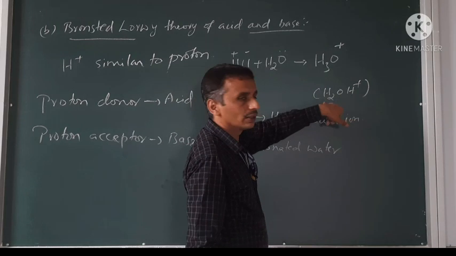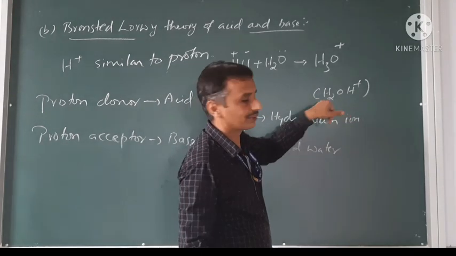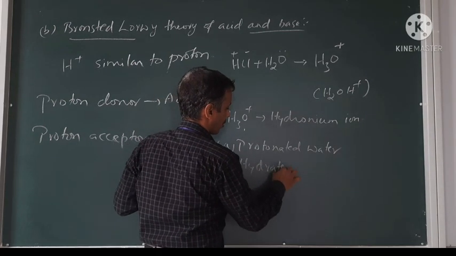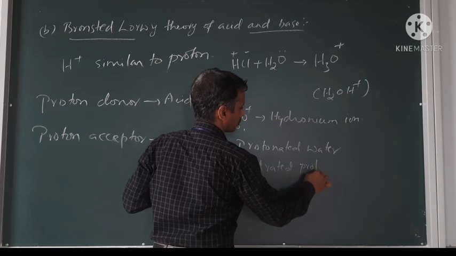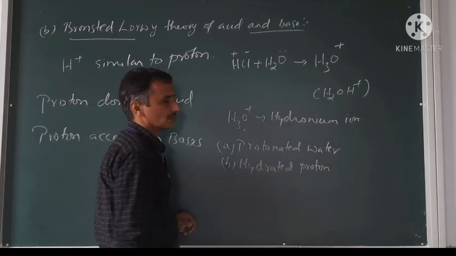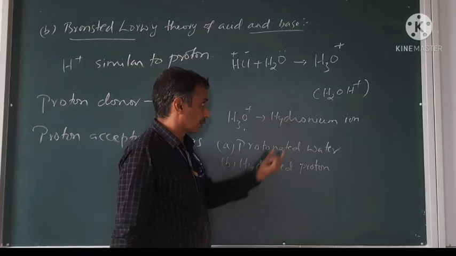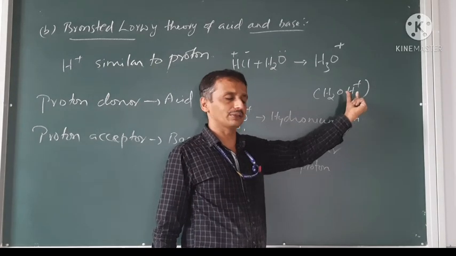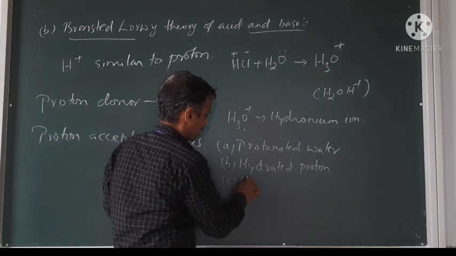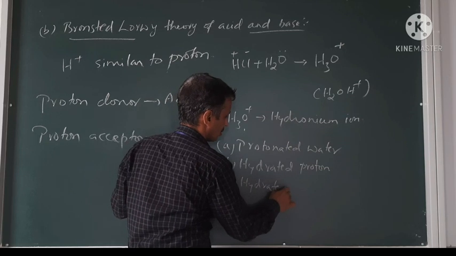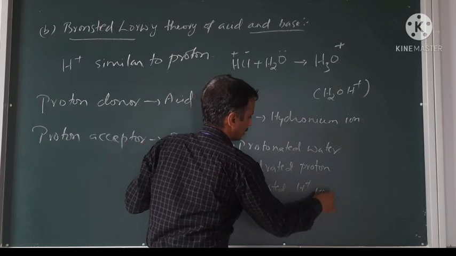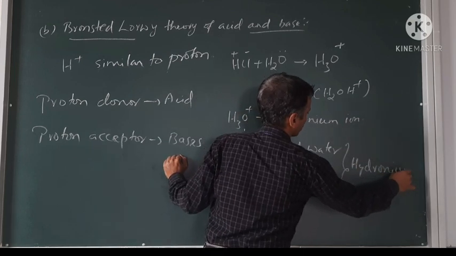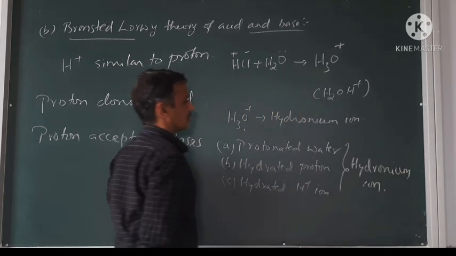Or the proton and water are there, hydration is there, so it is a hydrated proton, where H2O is hydrating the H plus ion. So another definition is hydrated H plus ion. This is called the hydronium ion. Note this, hydronium ion.